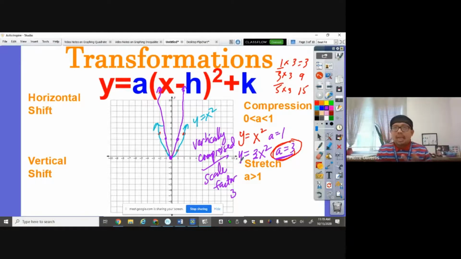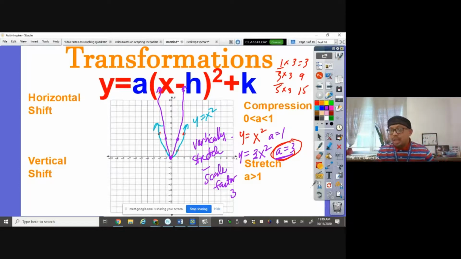All right, that's how you do that one. Oh, no, no, no, not vertically compressed. My bad. Vertically stretched. They're stretched here because they are kind of tight. So the graph from blue to purple becomes vertically stretched because of the value of a, which is bigger than 1.